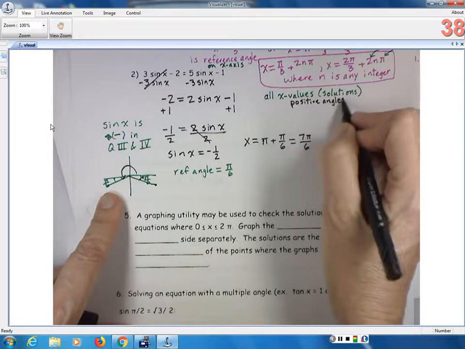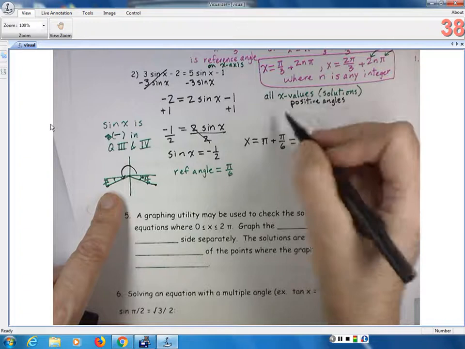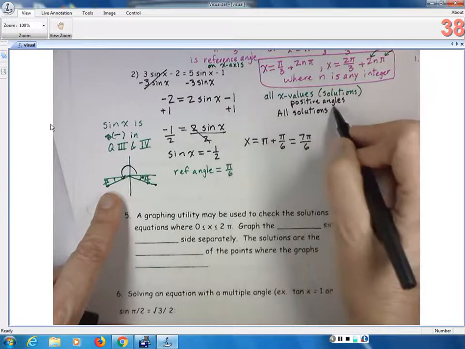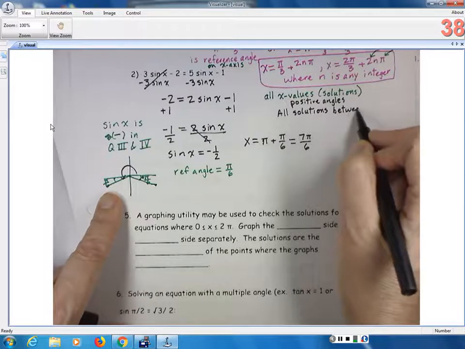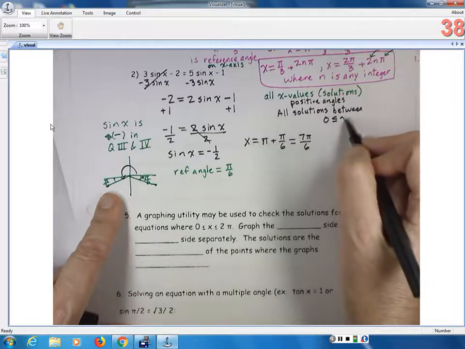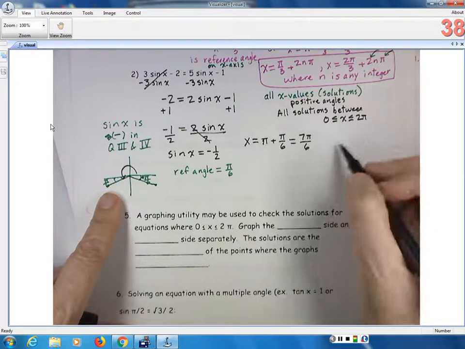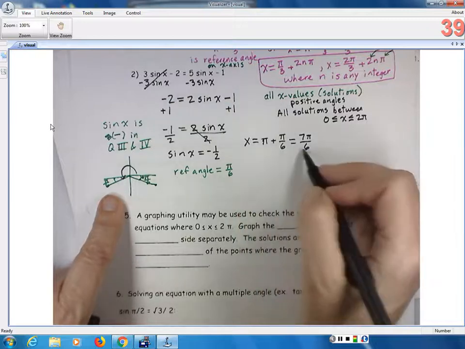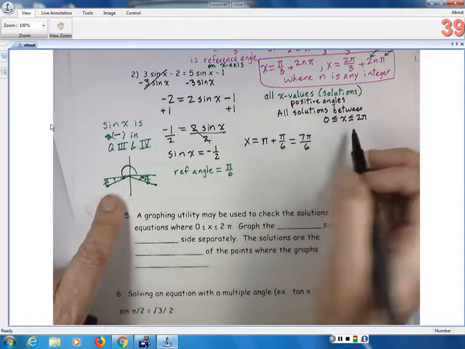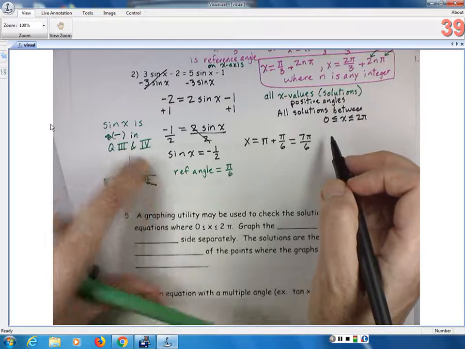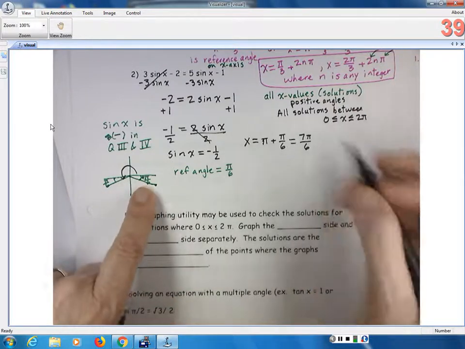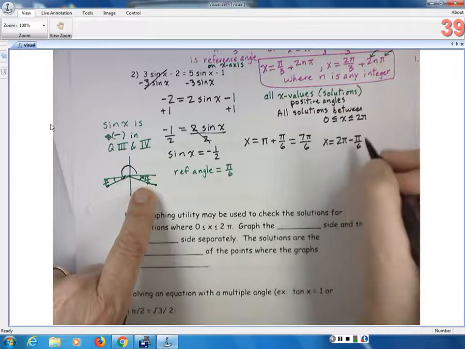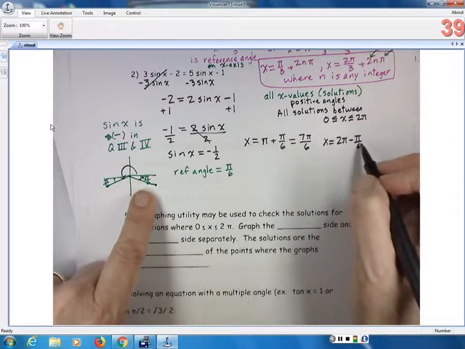First we're getting all solutions between 0 and 2 pi, and then because the period is 2 pi, we'll add 2n pi to those. The other one is 2 pi minus pi over 6, and that's 12 pi over 6 minus 1 pi over 6, which is 11 pi over 6.